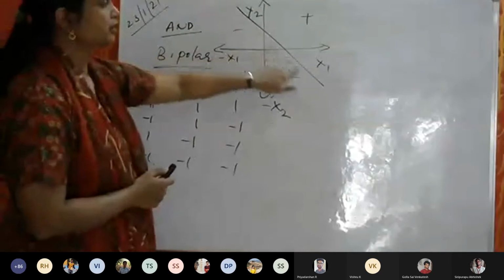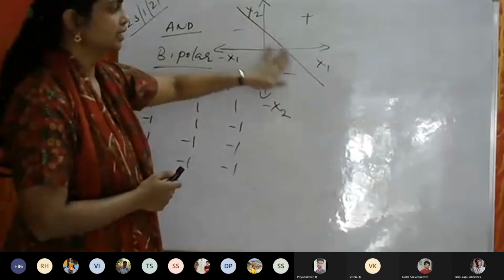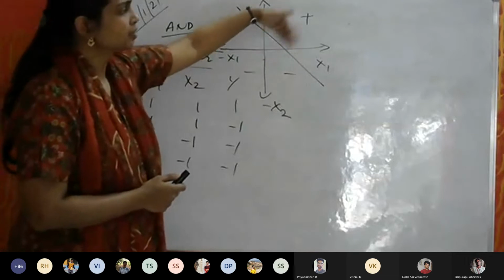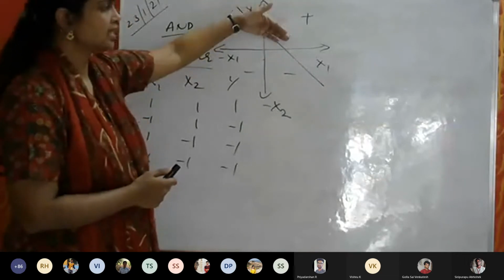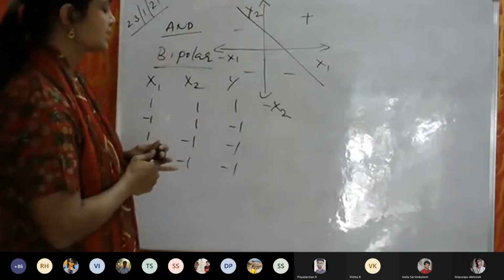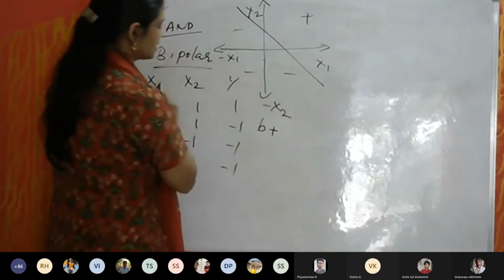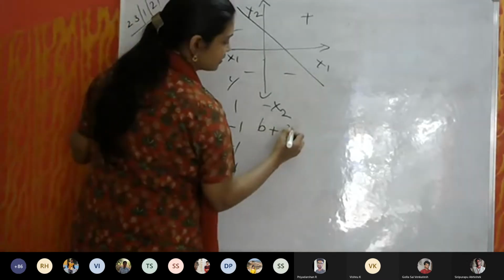So we are going to design a linear separable line like this. It should separate the positive response on one side and the negative response on the other side. Suppose I write my yin as b plus, since I have two inputs, x1 w1 plus x2 w2, and that is my yin.